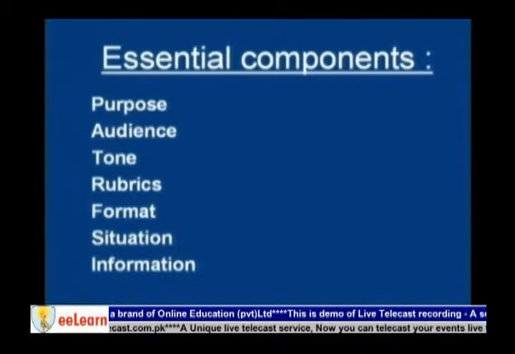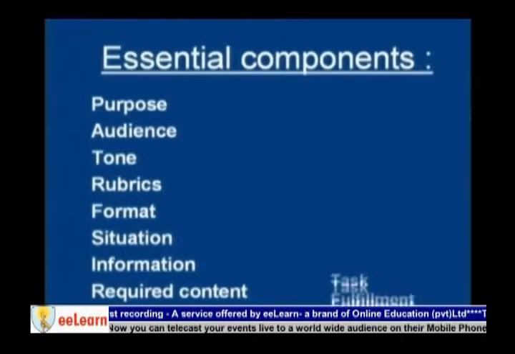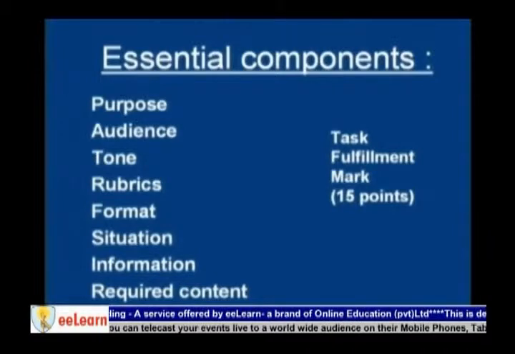If it's an informal letter, naturally the format is different. For a formal letter, format would be different. Simultaneously, it is going to vary for speech, news report, etc. Situation, as to what situation is given and what information is relevant that you have to use. Required content is what you have to use and write, whatever is being asked by the examiner.